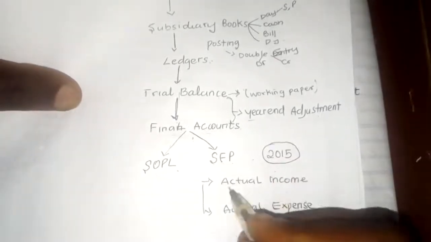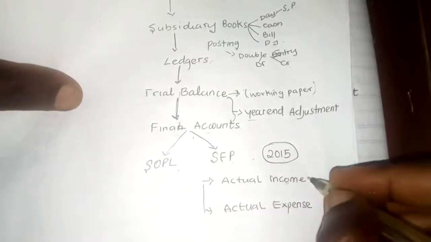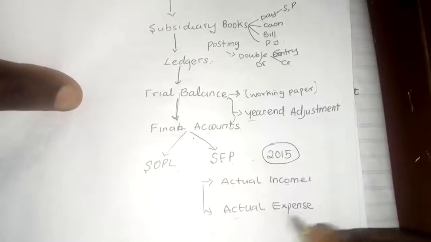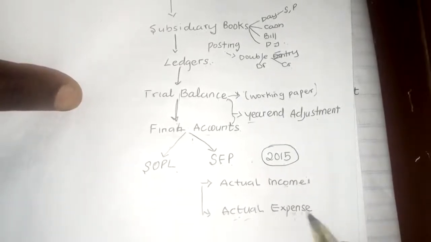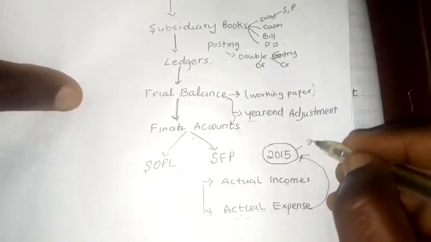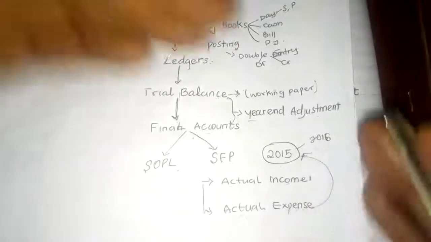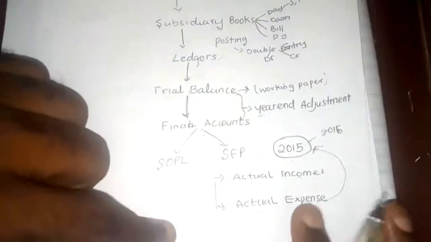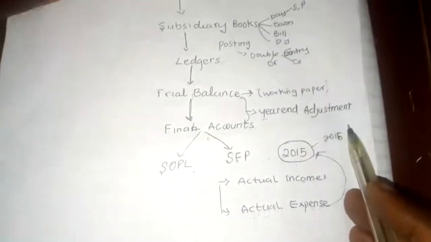The actual income for 2015 must be matched against the actual expenses that relate to 2015. The income that belongs to 2016 must be subtracted, then to have the actual income. Students should take note of that. That is why we normally carry out these year-end adjustments.